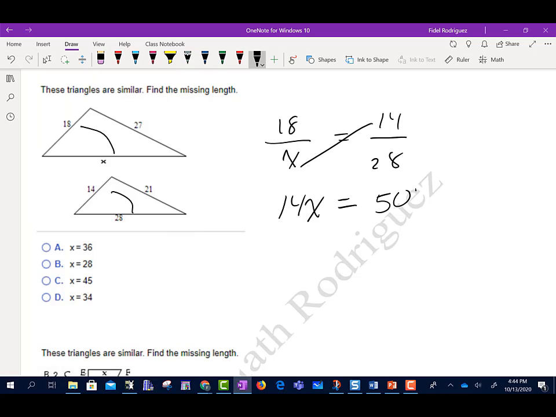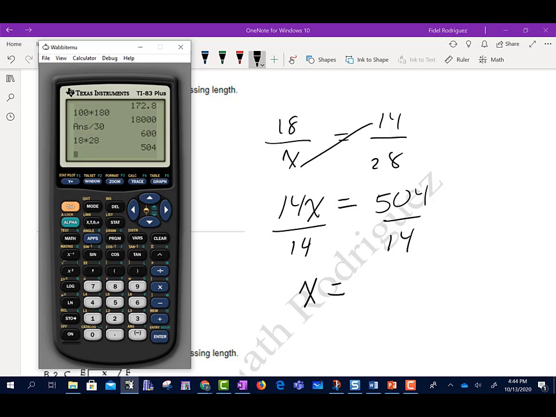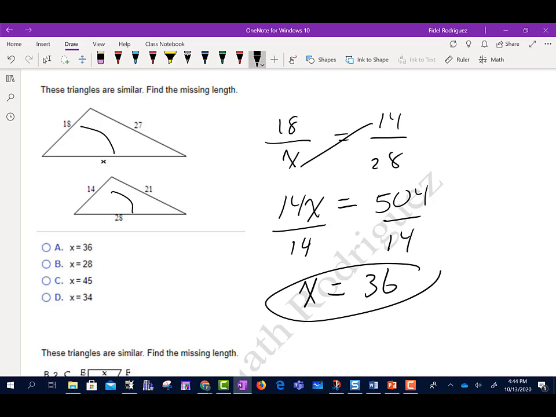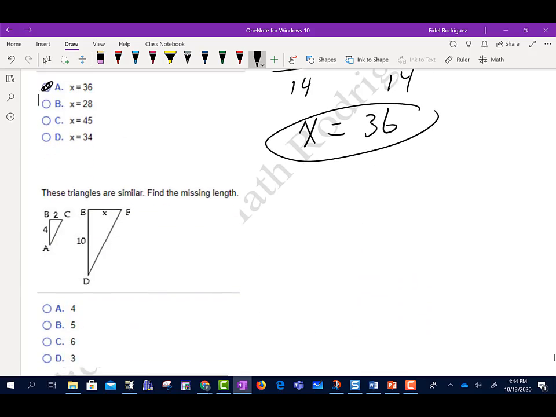Coming up with 504. So we can divide both sides now by 14. Let's divide it by 14, and I'm coming up with 36. And so A would be my answer.